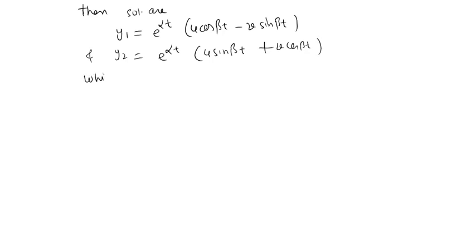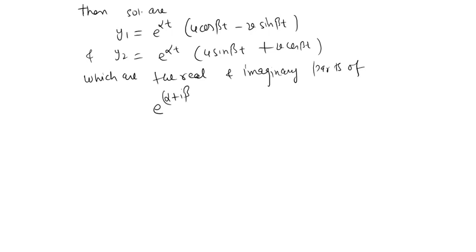So these are the real and imaginary parts of e power alpha plus iota beta t multiplied by u plus iota v.